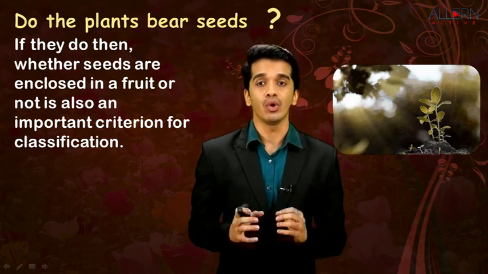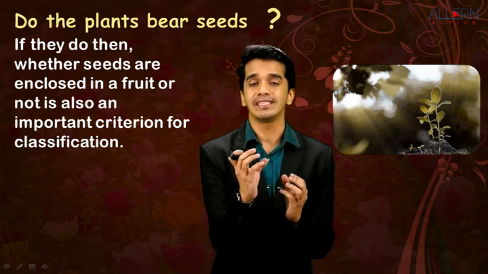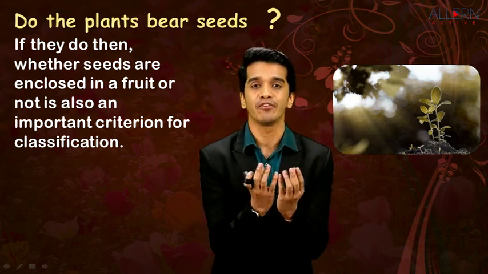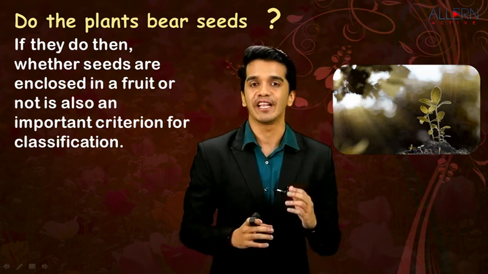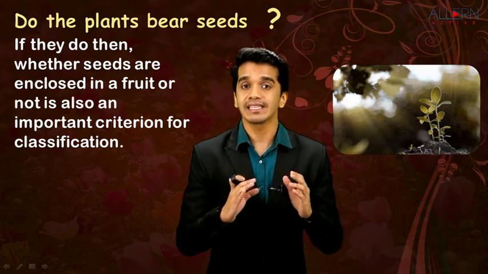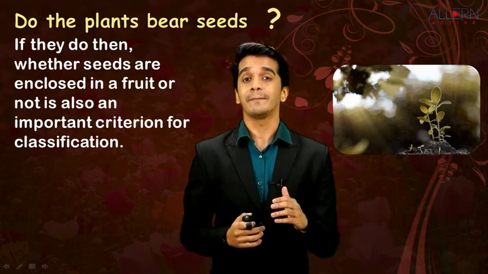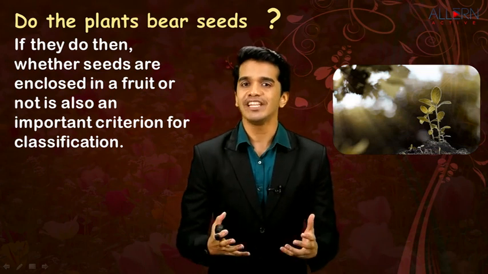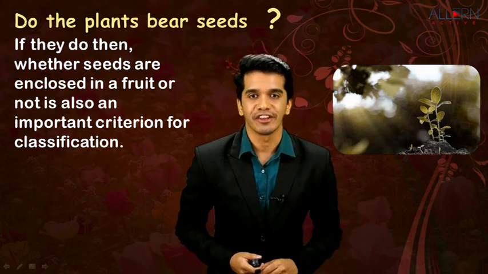If they do, sometimes the seeds are encapsulated inside the fruit. That means if you cut the fruit, you can see the seed inside, for example apple, mango, etc. And some seeds are visible externally, for example cycas, Christmas tree, pine tree, etc. This is also an important criterion for classification.